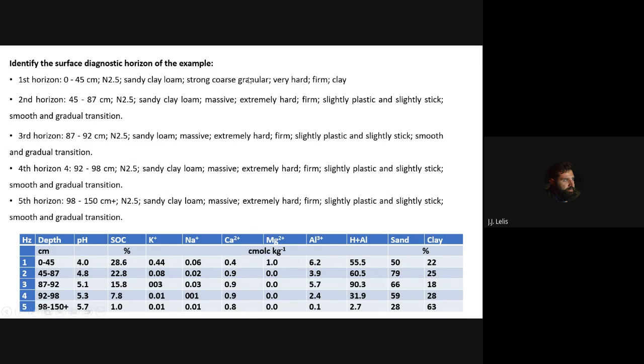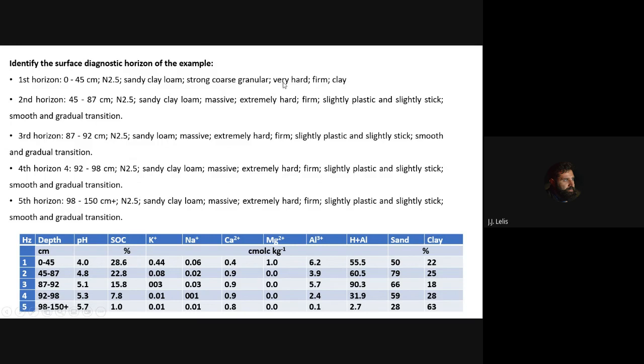That's quite related to soils or horizons that present a high content of organic carbon. The organic carbon we can see here is quite high. It's 28%, 22%, 15%. So these first 2 horizons, especially the first one, the surface horizon, are quite high.